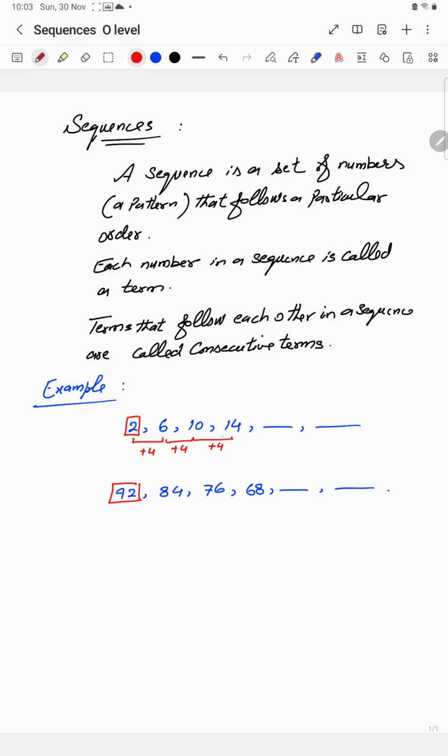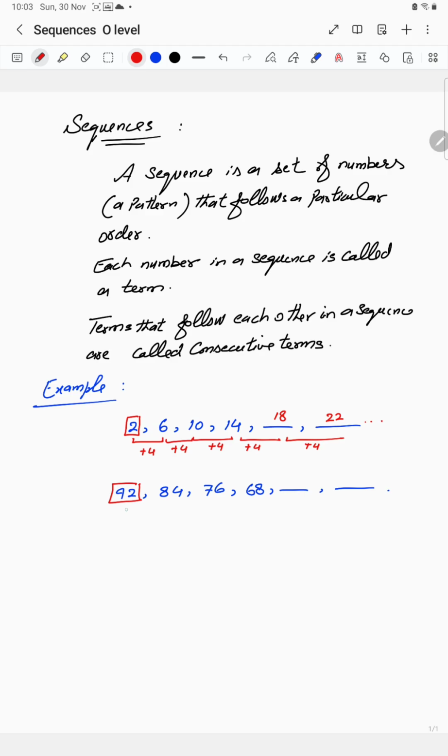The next two terms will be 18 and then 22, and so on. Each successive term is obtained by adding 4 to the previous term.